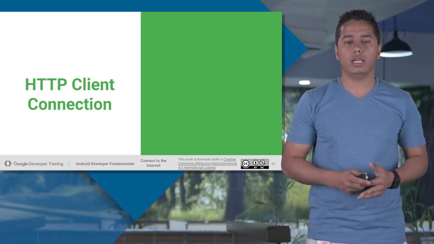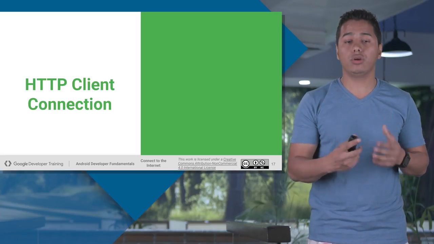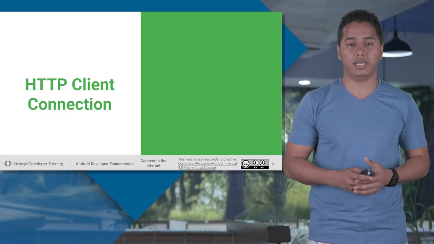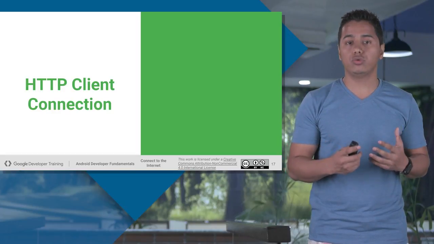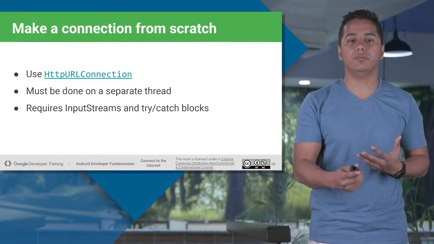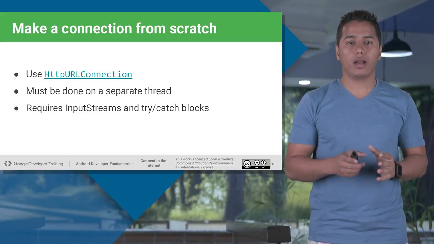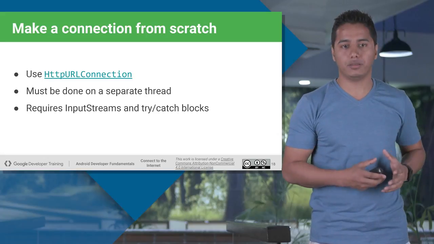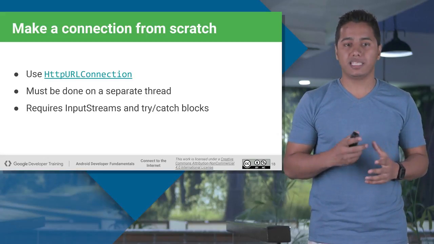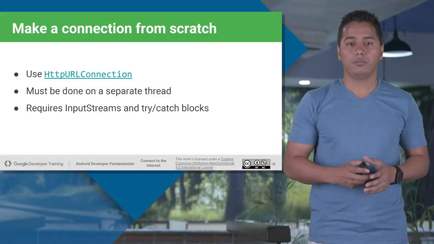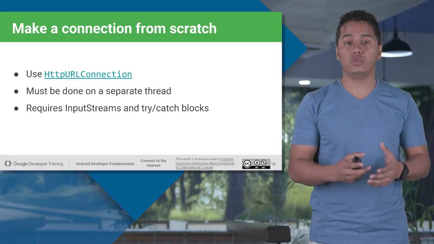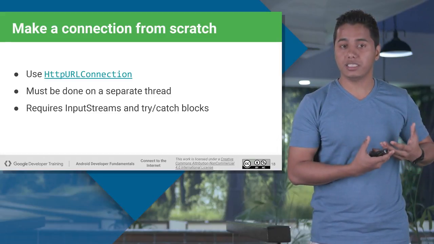Once you have your URL, you need to connect to your HTTP client connection. Then you need to create an object of HttpURLConnection. This HttpURLConnection must be done in a separate thread, because it is extensive, because it uses the internet extensively.